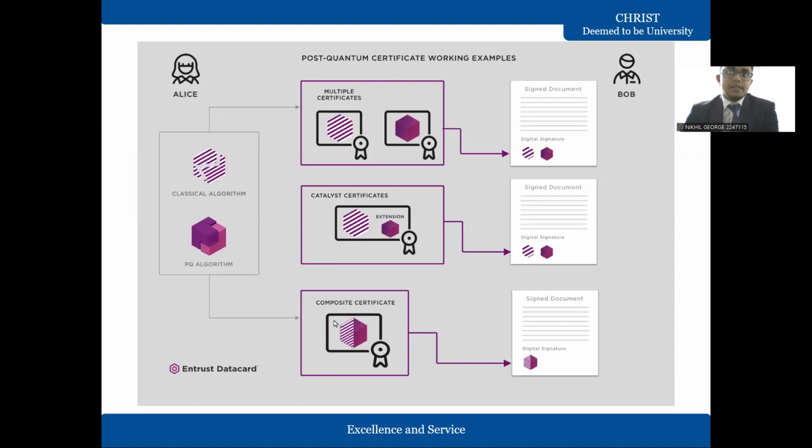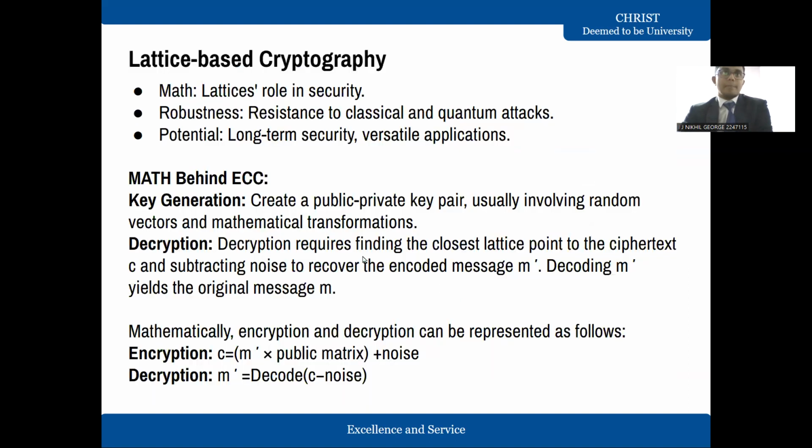It's a combination which is used to sign digitally, and this will encrypt the document or a transaction in such a way that quantum computers can't break it. The math behind it is basically lattices, and they have resistance towards the classical attacks and the quantum attacks.